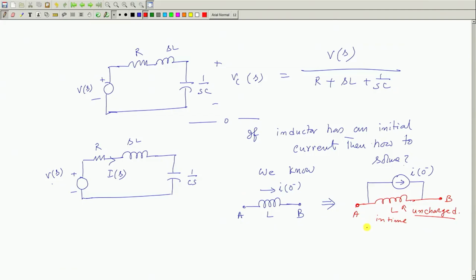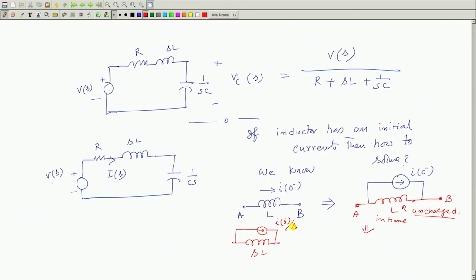Therefore, in S domain, this inductor is not having initial current. So, I have every right to replace it by SL, and this is a constant current. Its Laplace transform will be I 0 minus by S. Got the point?